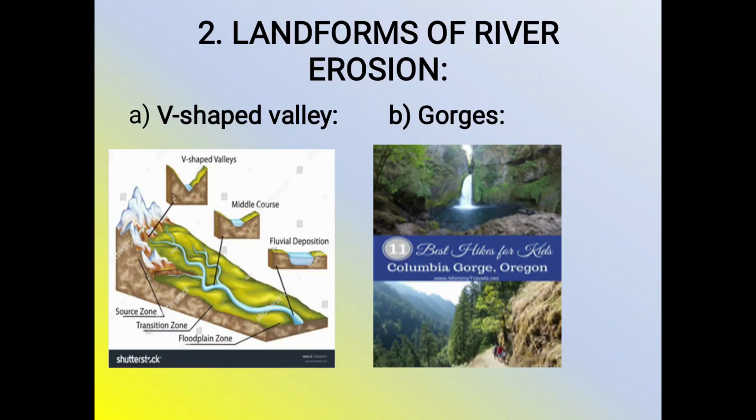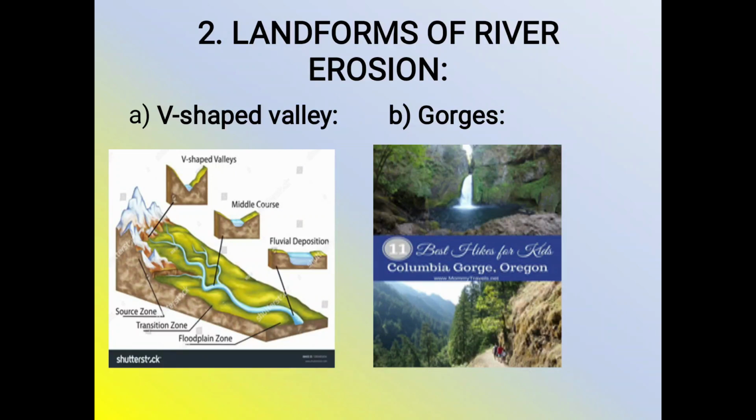Due to continuous down cutting, the valley becomes deep and narrow. Its sides have vertical wall-like slopes. Such valleys are also developed in areas of porous and permeable rocks like limestone and in areas experiencing dry climate.